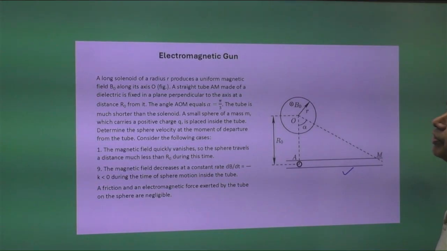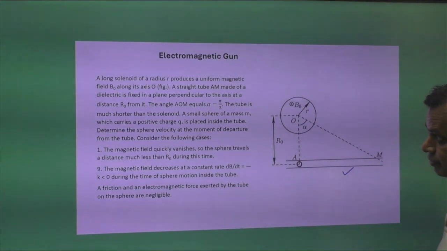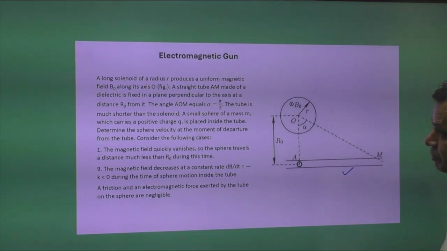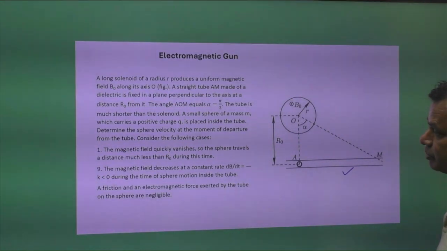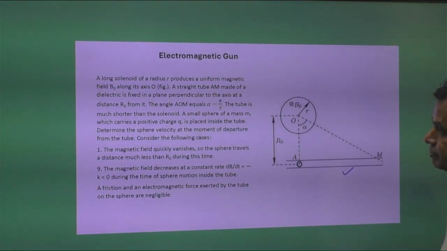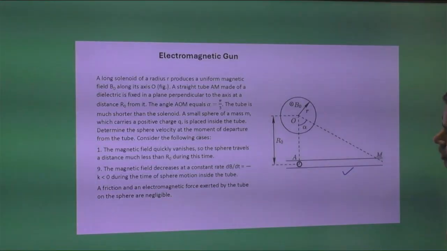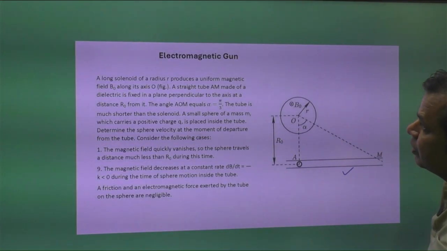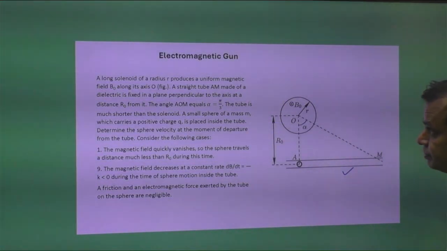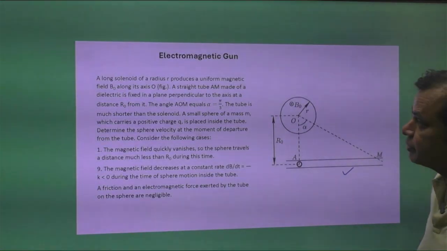This is the tube AM here, made of dielectric and fixed in a plane. Dielectric means it is non-conducting, so something conducting should be put inside it.